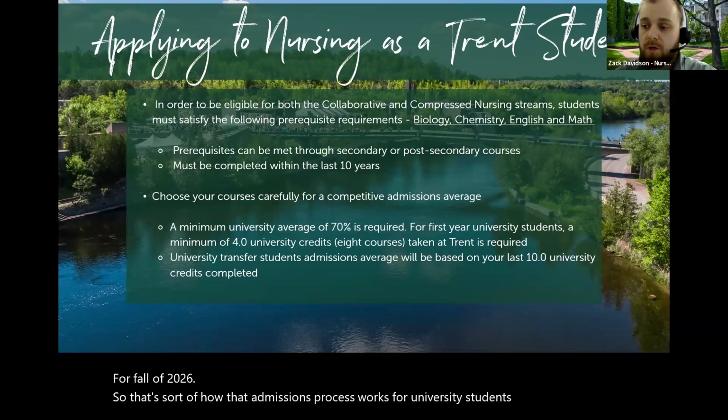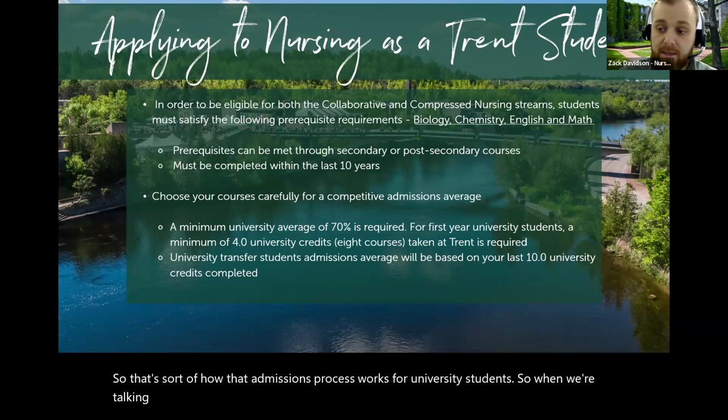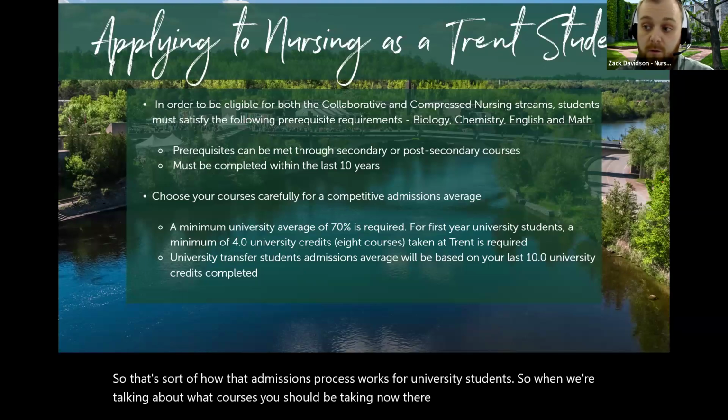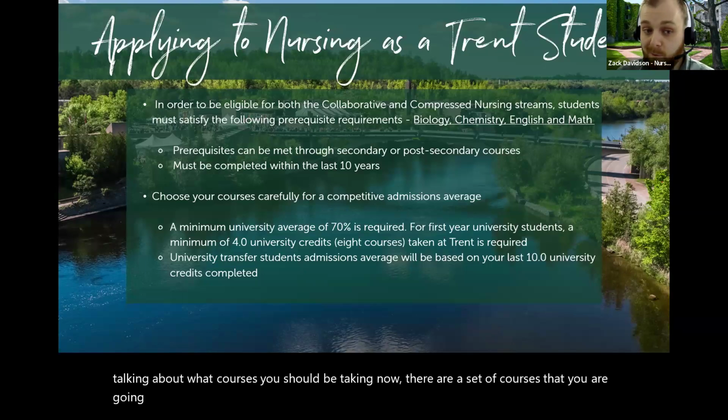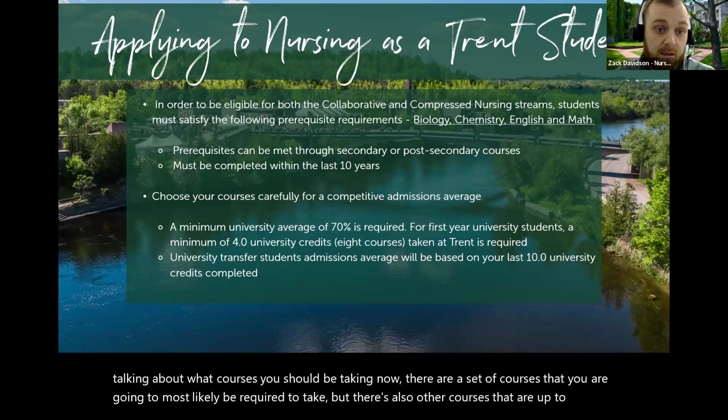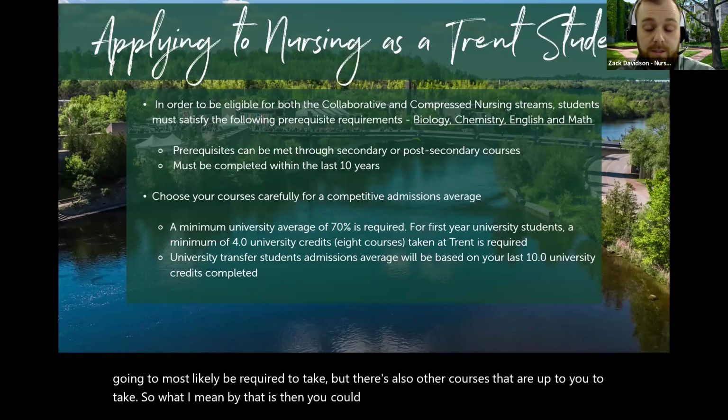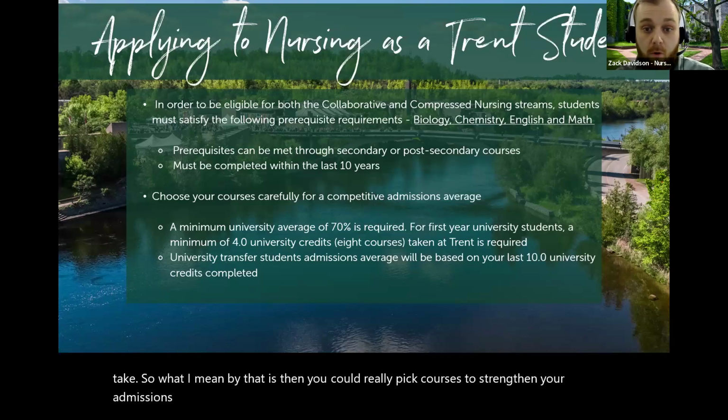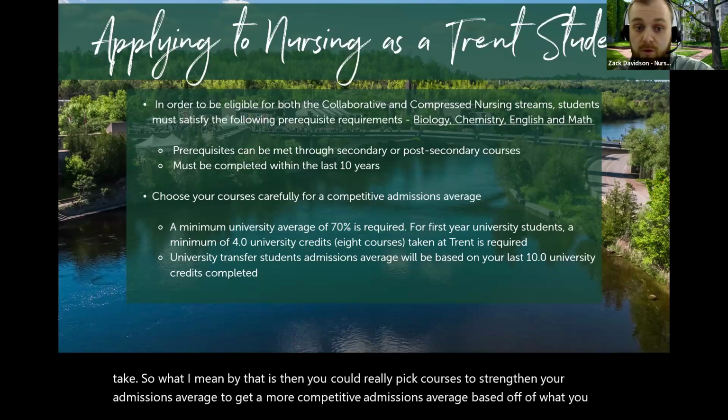So when we're talking about what courses you should be taking, there are a set of courses that you are most likely going to be required to take, but there are also other courses that are up to you. So what I mean by that is you could really pick courses to strengthen your admissions average, to get a more competitive admissions average based off of what you find that you would do well in.